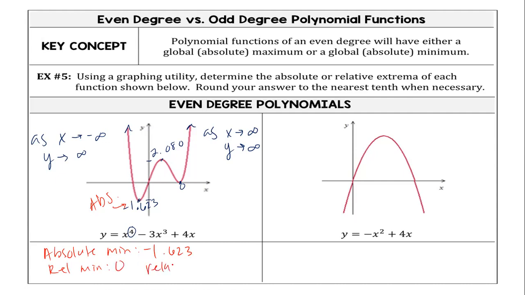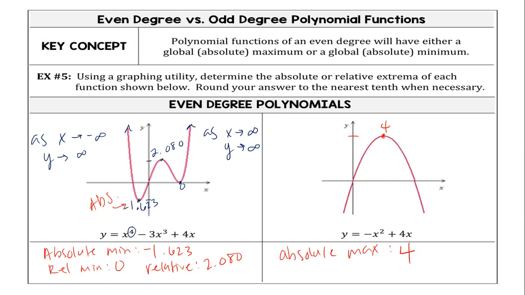Our relative max is 2.08. When you graph, this is at 4 on the y-axis. What is that for us? Is it absolute or relative? Absolute. It's an absolute max value of 4.